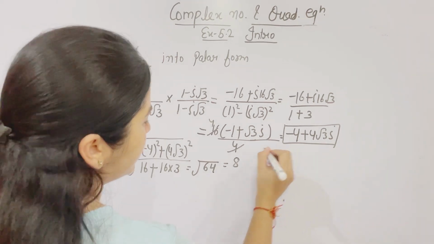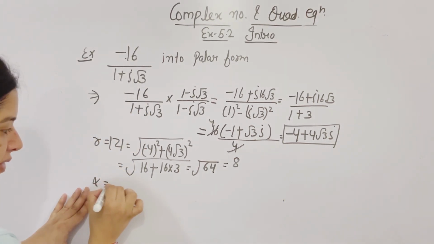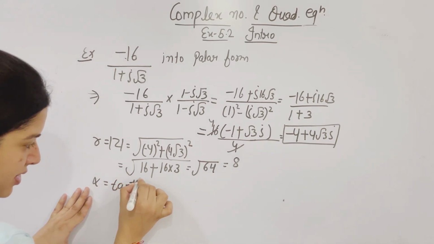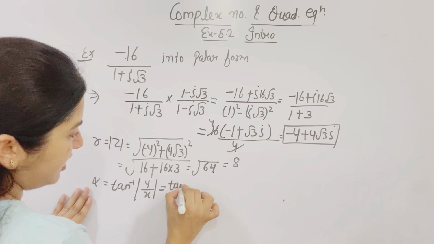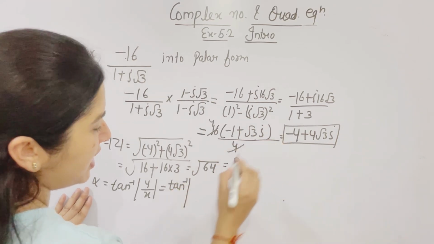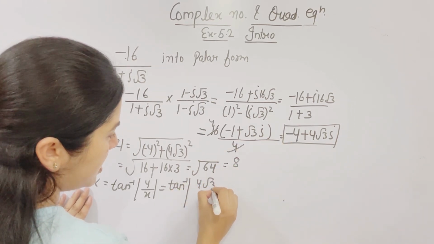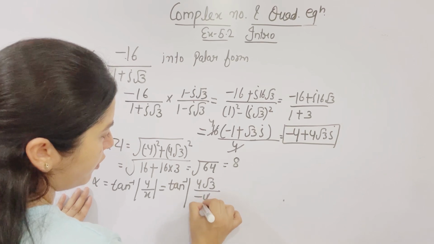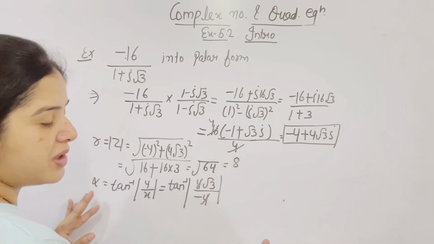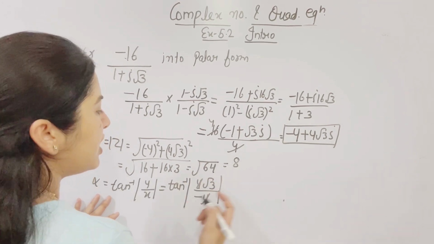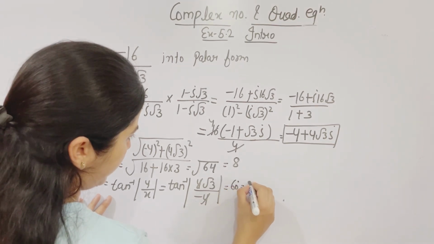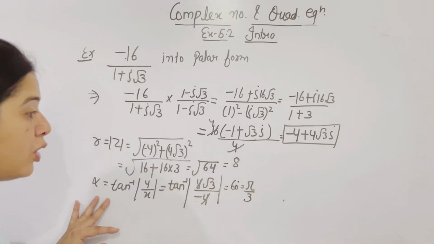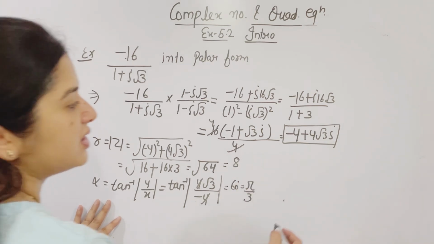Theta के लिए we have to first find alpha. Alpha is tan inverse modulus imaginary upon real. Tan inverse imaginary 4 root 3, real minus 4, 4 to 4 cancel, modulus become positive, root 3, tan inverse root 3 is 60 or pi by 3. Now theta, consider the quadrant.